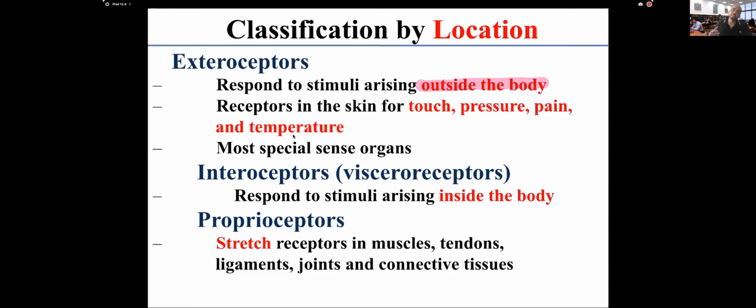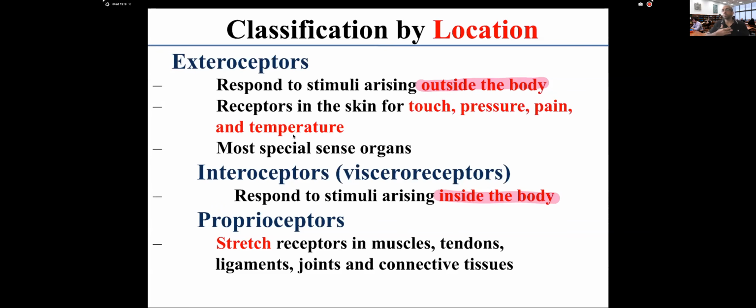So all those are internal sensations: the degree of stretch of my stomach, the degree of stretch of my bronchi, and so on. So all those are going to be changes taking place inside the body. So we consider the receptors responsible to detect them are my interoceptors or visceroceptors.